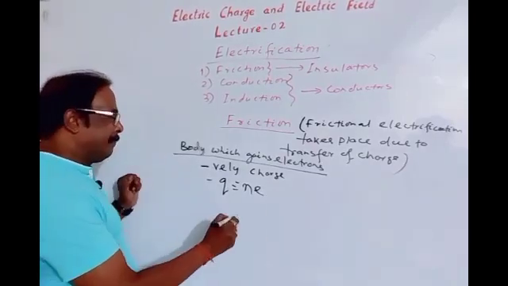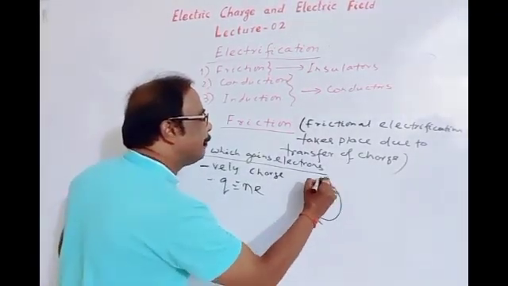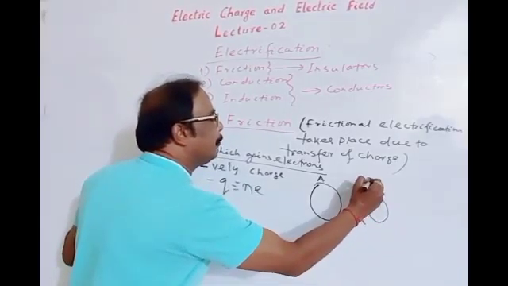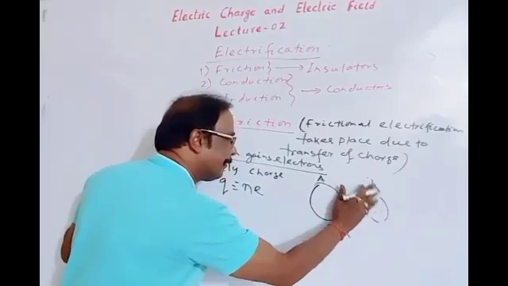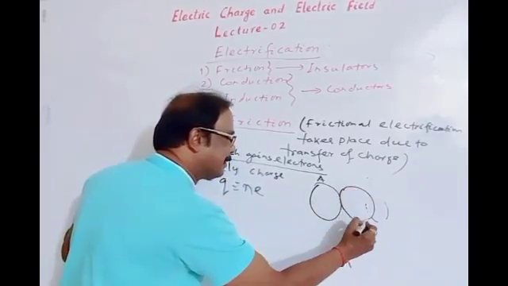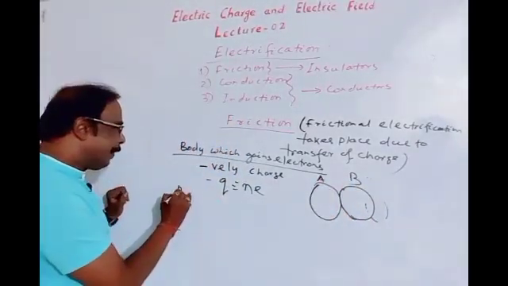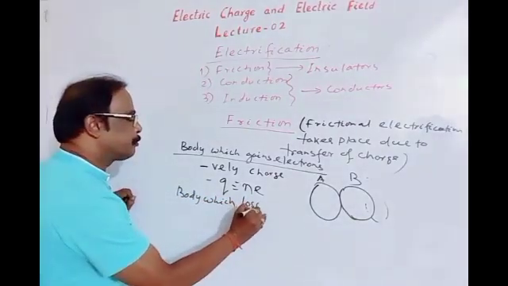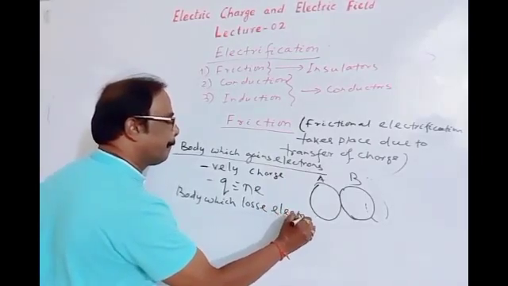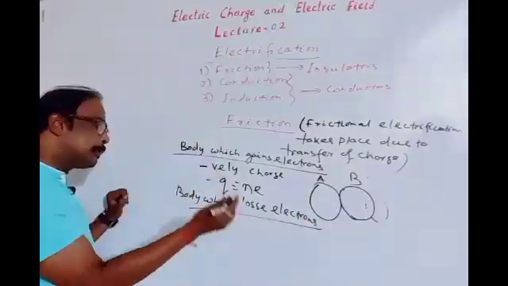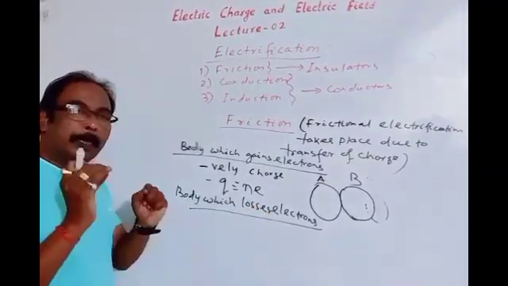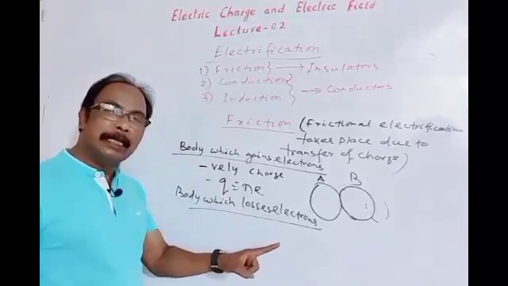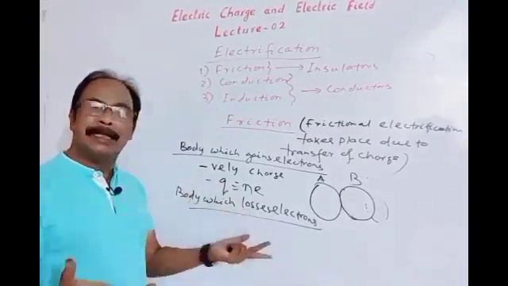Again, suppose this is body A, and this is another body B, rubbed against each other. The body which loses electrons, due to deficiency of electrons, the net charge on that body will be positive.